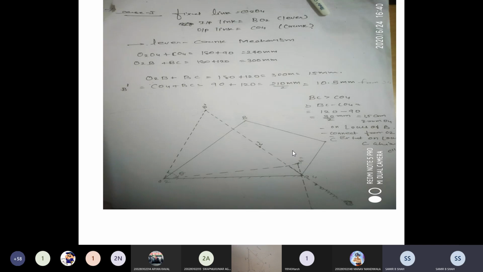Yet your C double dash points are not visible properly to me. Now it is visible. Your image is not clear. I think there is internet issue. Sir, may I present the screen and show it to you? Yes, please, Aryan.